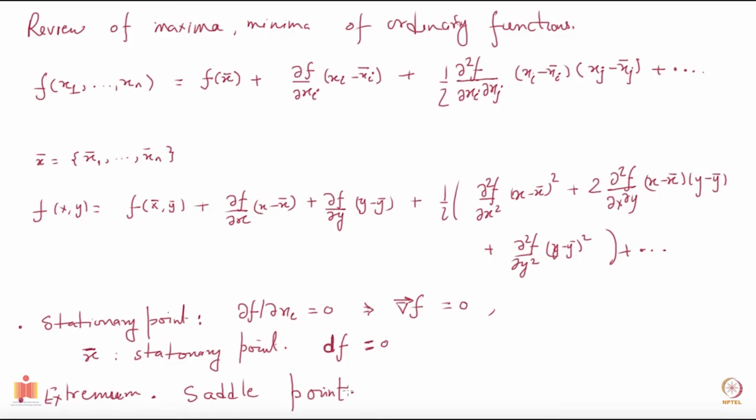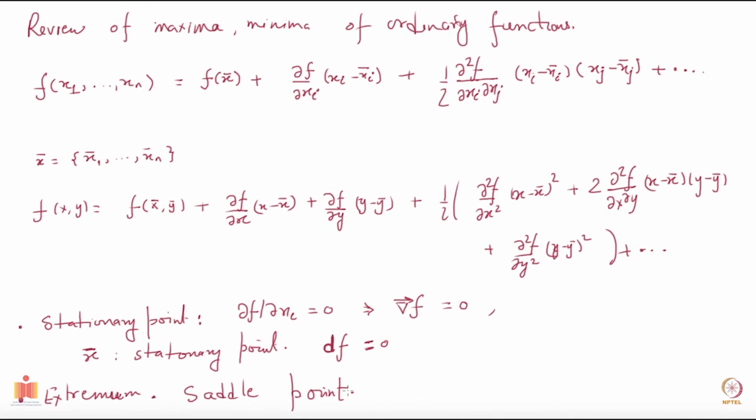then you say that it's a stationary point. But what if all the variables x1, x2, and so forth, xn, are not independent of each other, but there are conditions which constrain them? Then how do I find out where the maximum or minimum, or let's say more generally stationary points are located?